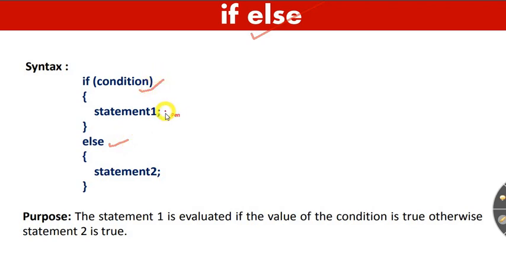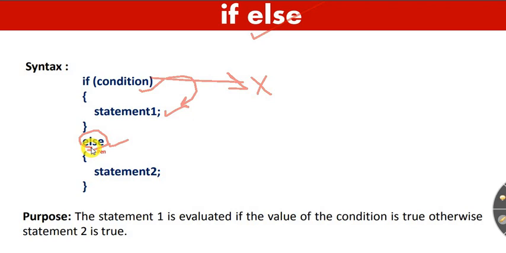This statement is executed only if the condition is true. Otherwise, if the condition provided by the user is false, the else part is going to be executed. So we will be getting an output over here.